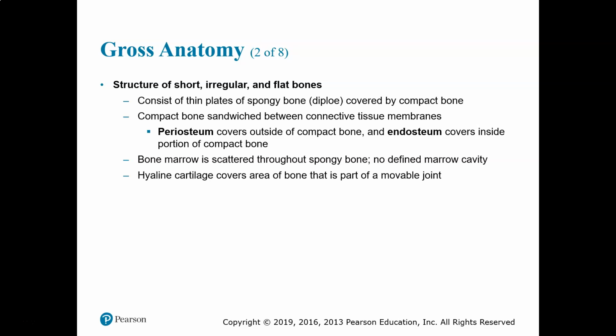As far as structure of short, irregular, and flat bones, they are mostly spongy bone, covered by a thin layer of compact bone. The compact bone that covers the spongy bone is sandwiched between connective tissue membranes. The outside membrane is the periosteum, and the inside membrane is the endosteum.